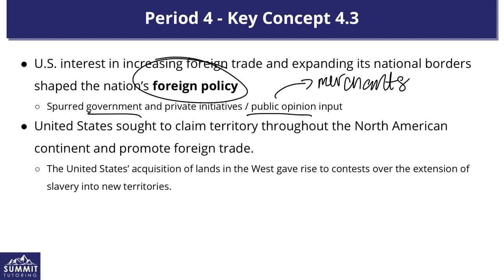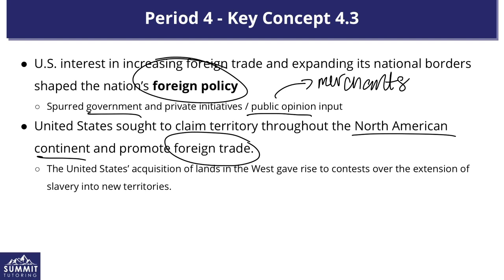But at the end of the day, we were able to open up more trading opportunities with these new countries than we ever saw before in the history of the US. So we're also going to see that the US is going to claim more territory throughout the continent and is really going to push that foreign trade.